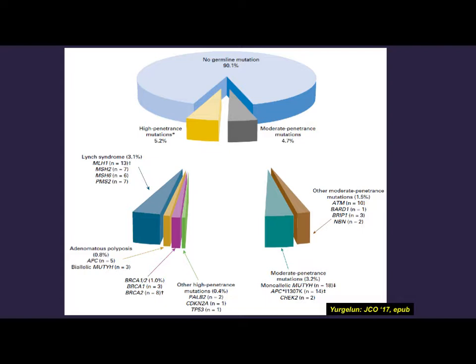That's interesting, but a lot of these were in things like BRCA genes and some of the more moderate penetrants like monoallelic MYH. We're still arguing over how actionable really is monoallelic MYH, but if we find it, we got to tell the people in the community, should we be acting on it, should we not? So maybe we need more data there.